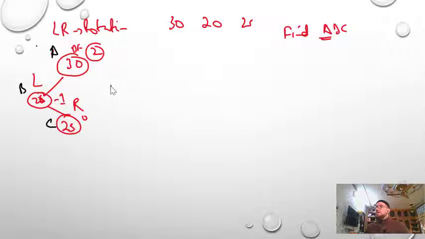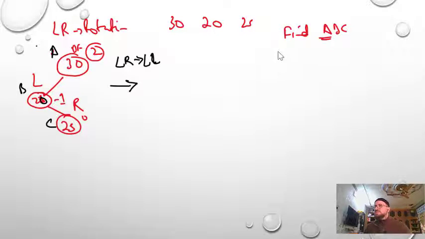Now, in the first rotation, what I do is I convert this LR rotation to LL. For that, I will see the B and C. I will rotate this B and C. The first step, either we do this way or we do the single step.